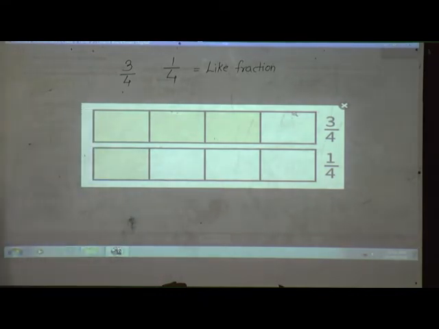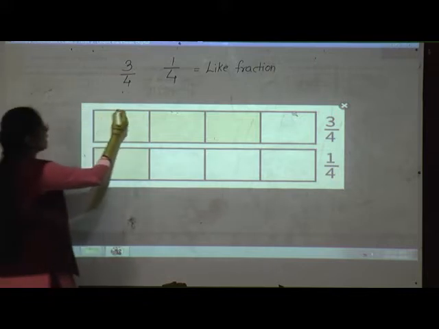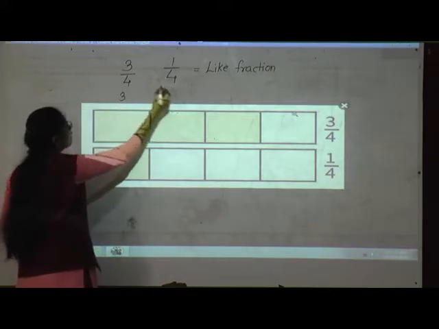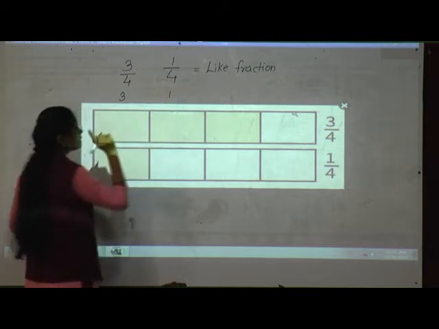Okay. Now see this like fraction. Here the denominator is the same. Now we have to compare these two fractions. For that, if the denominator is the same, then we have to see the numerator. Now see here, in this fraction the numerator is 3 and in this fraction the numerator is 1.